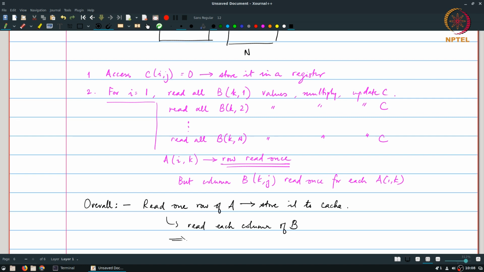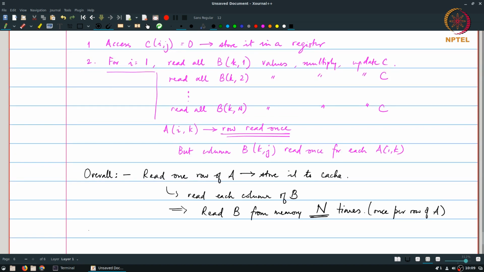Effectively what it means is B needs to be read from memory a total of n times, once per row of A. So in other words, the reuse factor for A is not bad.